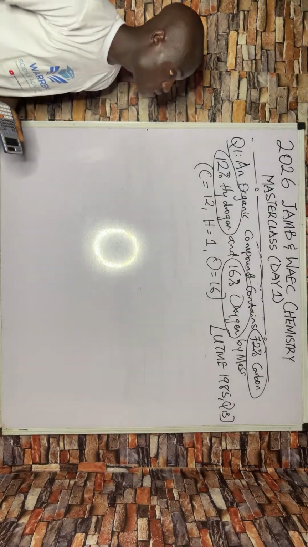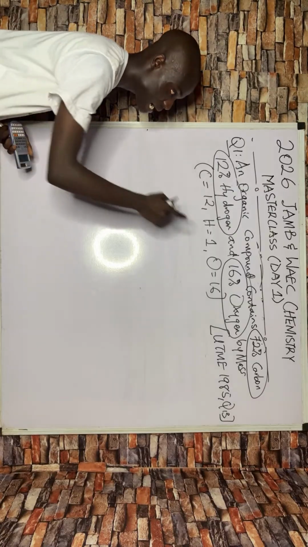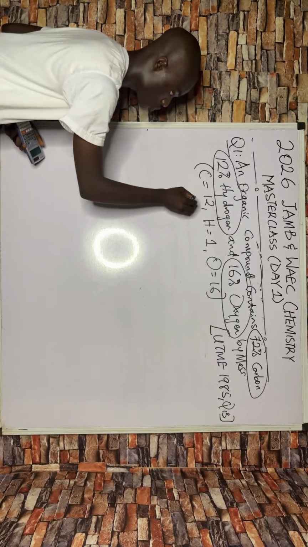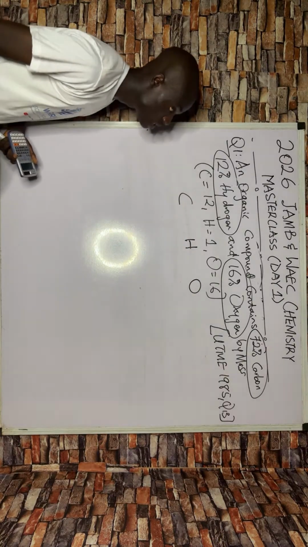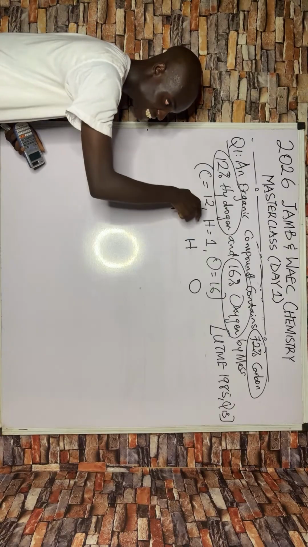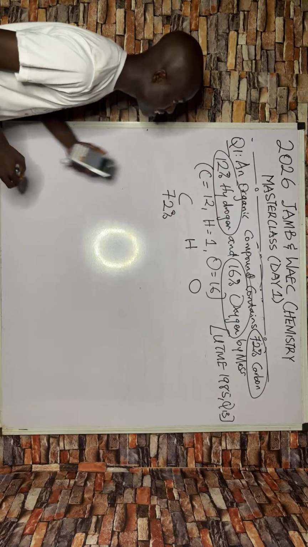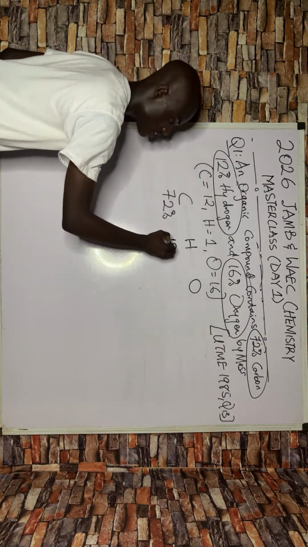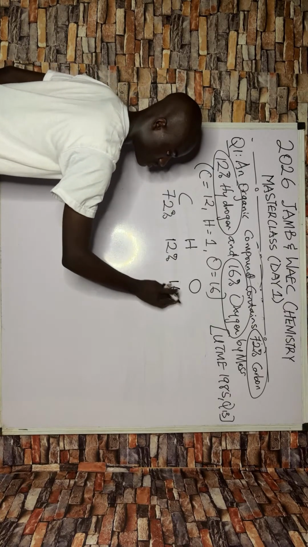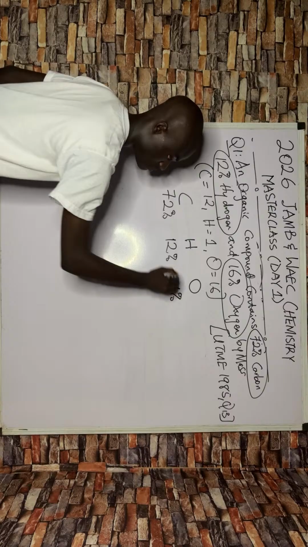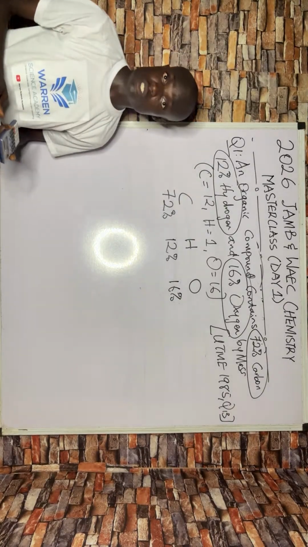So the elements present are carbon, hydrogen, and oxygen. How do we calculate the empirical formula?